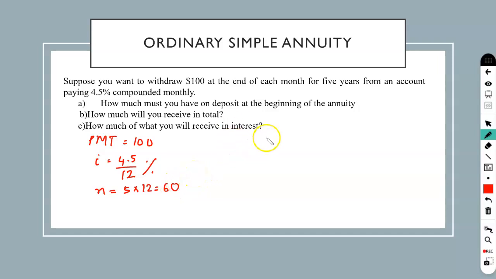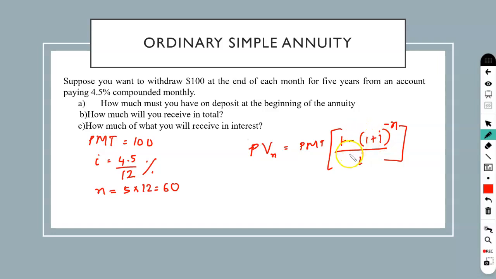And then we will use the present value formula to calculate that, which is PV_N equals PMT times (1 minus (1 plus i) exponent negative n) over i. Again, follow BEDMAS rule. First you calculate the bracket, then the exponent, and then subtract it from 1.